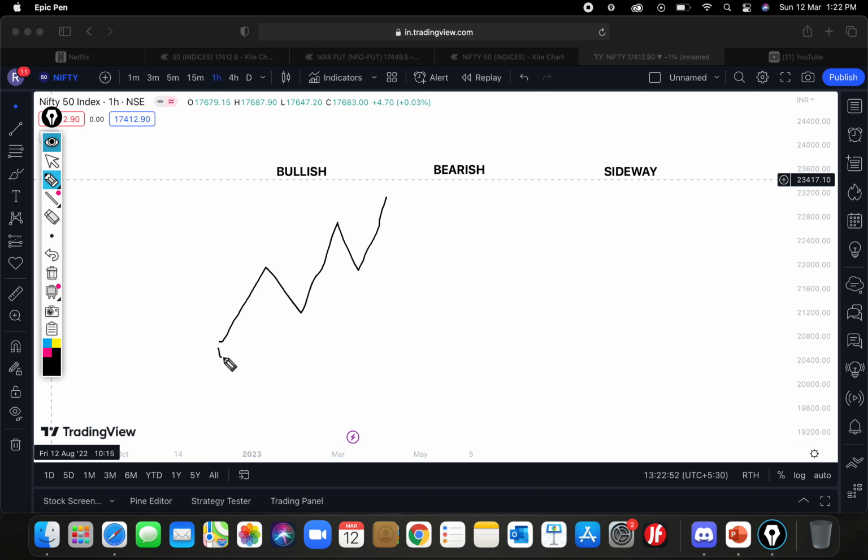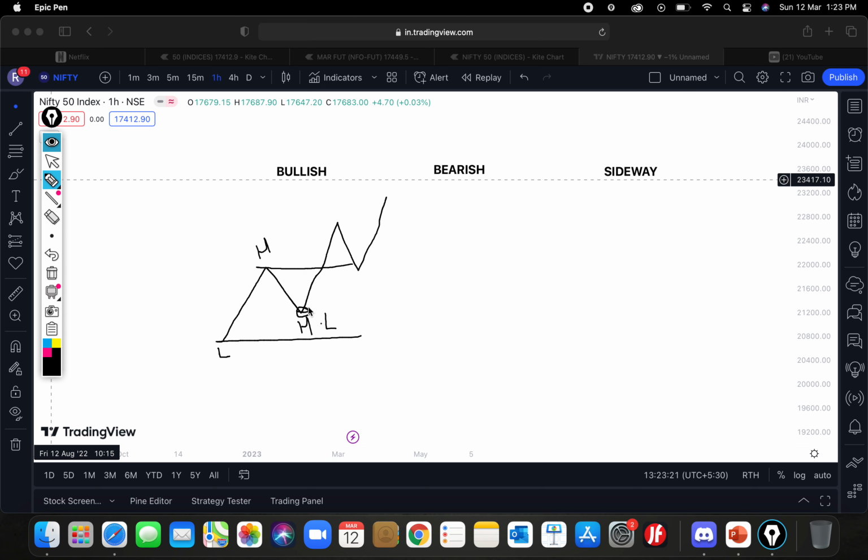So this will be our low point, this will be our high, this will be our higher low. Higher low is nothing but if the market could not break the previous low. This was a previous low. It could not break it and instead it reversed back before that. So this is called a higher low.